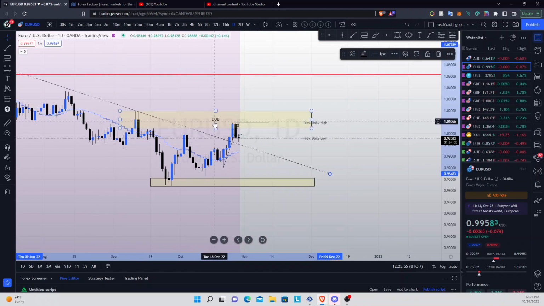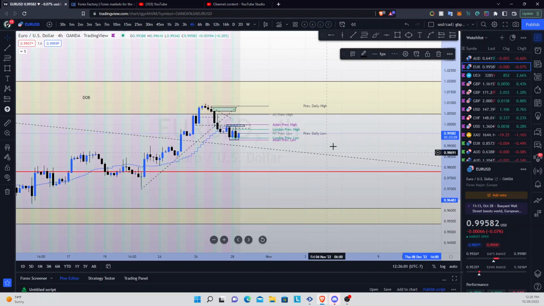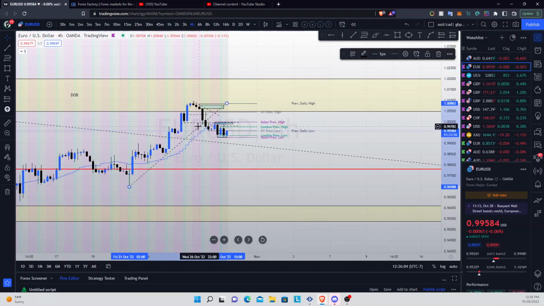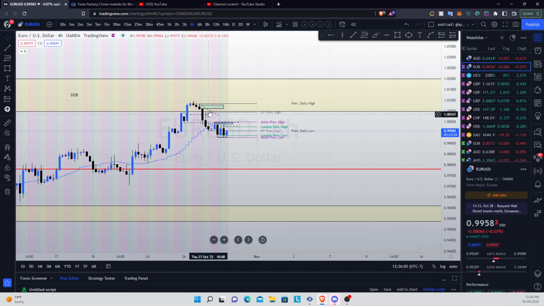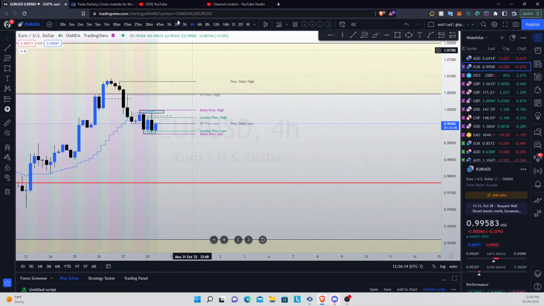So I know that this is daily supply, right? So we know that we're either in a retracement for continuation or a reversal to the down, right? So from here, what I'm looking at is how the candles are forming.